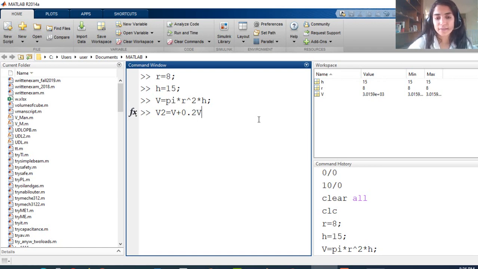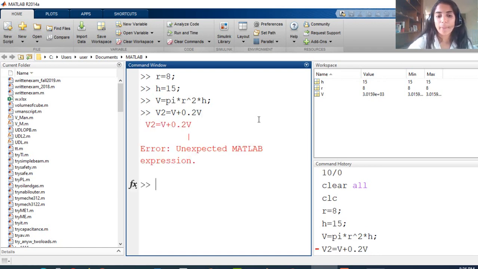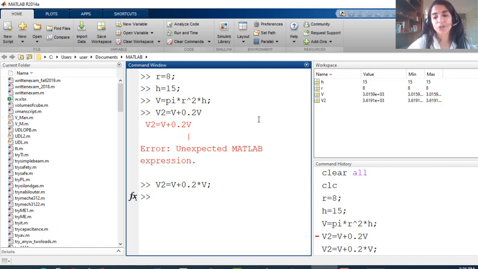If you use this and then click enter, MATLAB will tell you that there is an unexpected MATLAB expression. So if I go page up and add the star, now MATLAB will understand. So V2 is V plus 0.2 times V. Now V2 is defined in your workspace as 3.6 times 10 to the power 3.